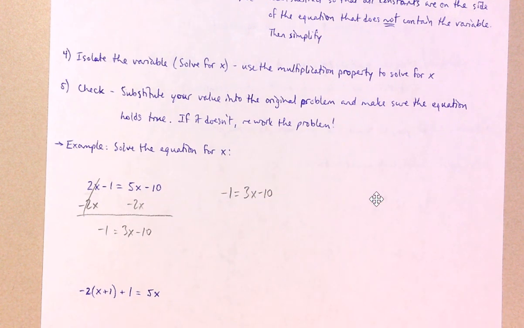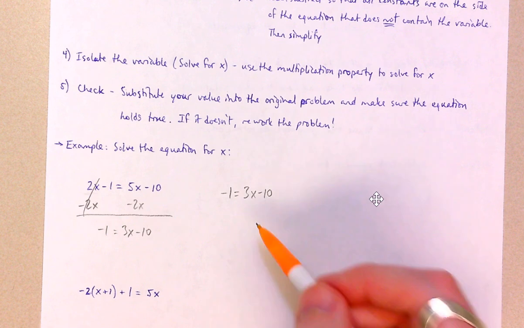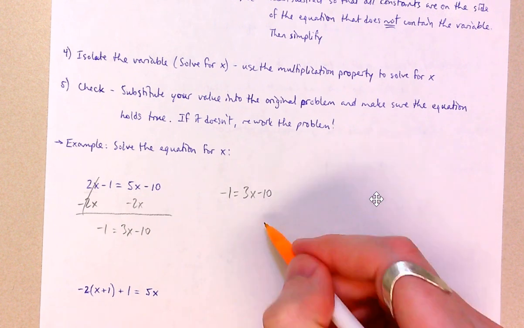Now, I need to get all the constants, all the numbers, just numbers, no x's multiplied onto them, onto the other side. So I need to get this guy gone from here and see what results over here then. So how do I clear this guy out from the right-hand side?